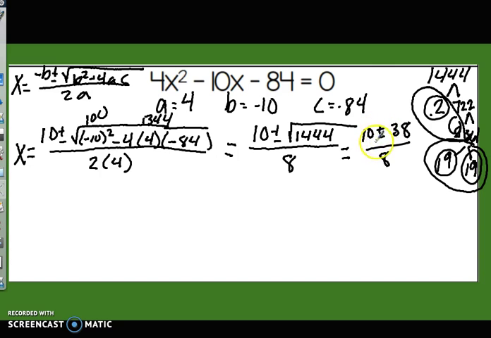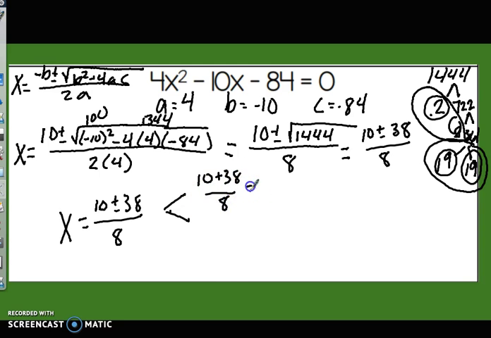Alright, because now we're ready to go into our two directions. So we're going to say 10 plus 38 over 8. What's 10 plus 38? 48 divided by 8.